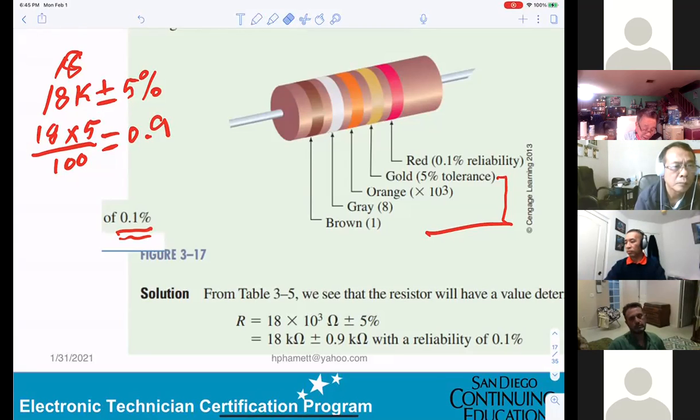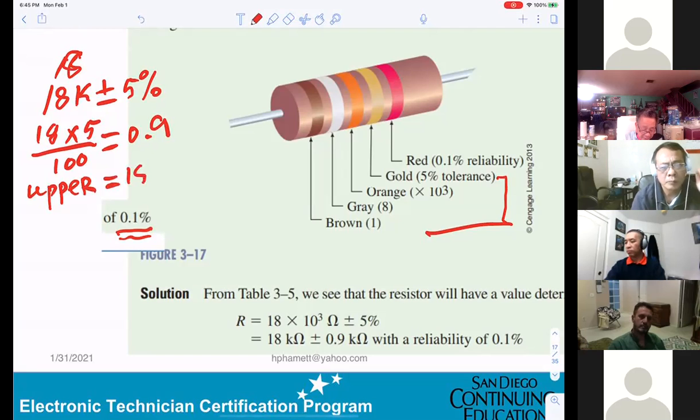Now we have to come up with the upper limit: 18 plus 0.9, they get 18.9K.